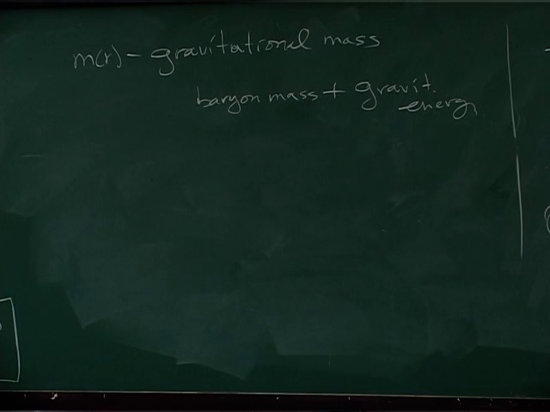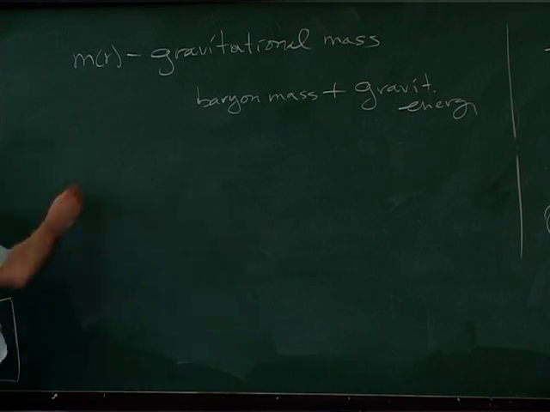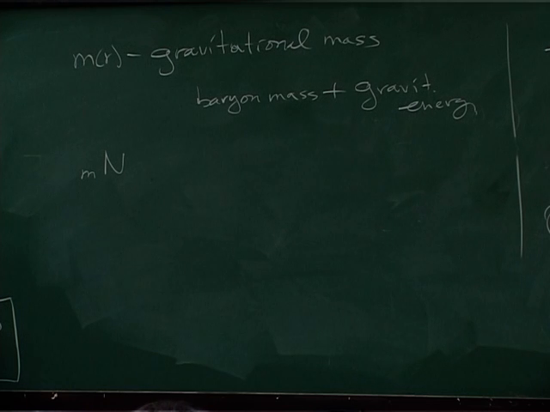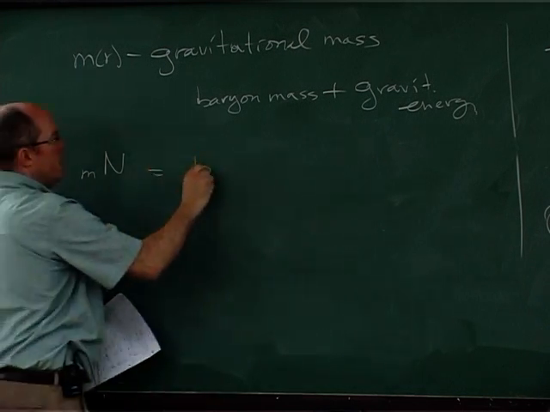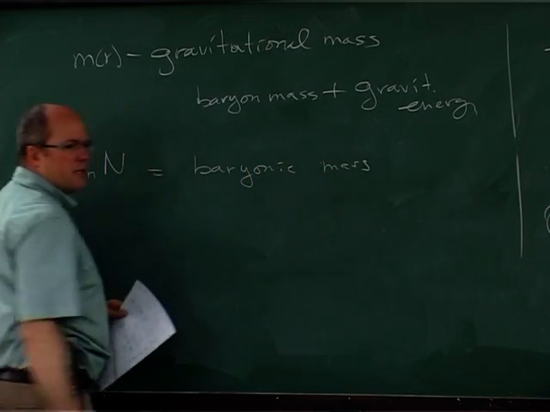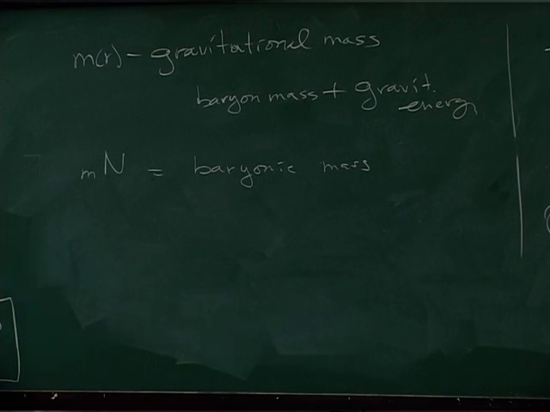If I integrate all the way out to the total size of the star, that total m would be the gravitational mass. If I take n and multiply it by the mass of each particle, that would give me the baryonic mass of the star. It will be larger because it doesn't have any gravitational binding energy. So sometimes when you look at star solutions, they will report both the baryonic mass and the gravitational mass, two quantities where one has the binding energy and one does not.